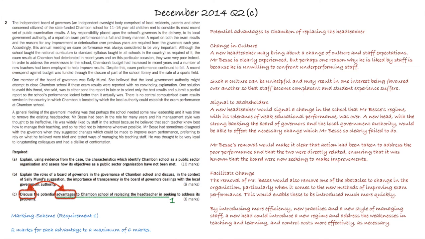And then when writing your answer, splitting it into clear headings with succinct paragraphs, leaving a line between each one, so that you are showing the examiner exactly where you want to pick up your marks. And in that way, you're much more likely to pick up enough marks to pass the exam.